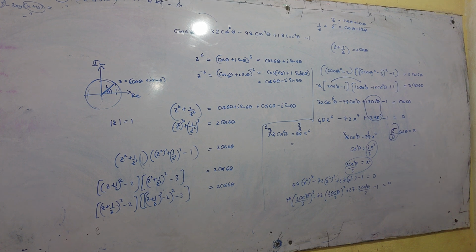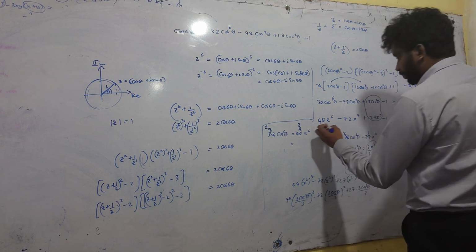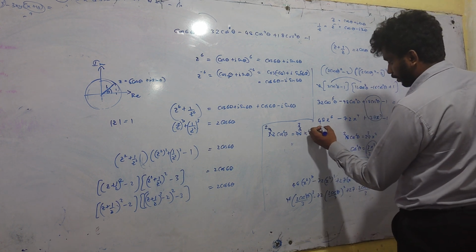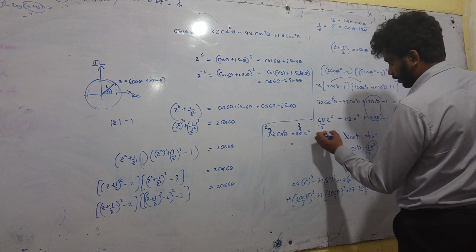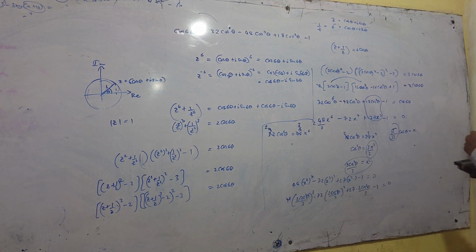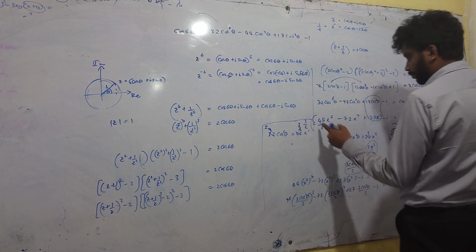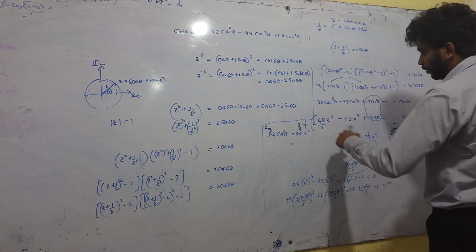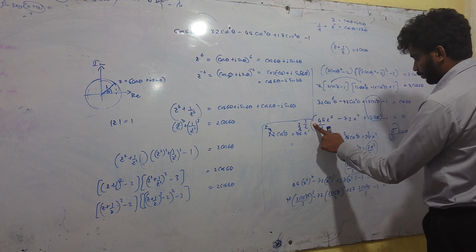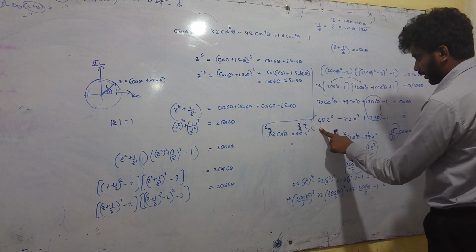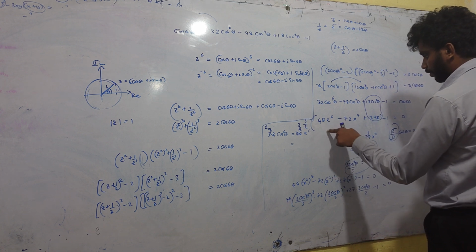So when we divide this by 3 and multiply it by 2, we get that, right? So we can take out 3 over 2 from all.